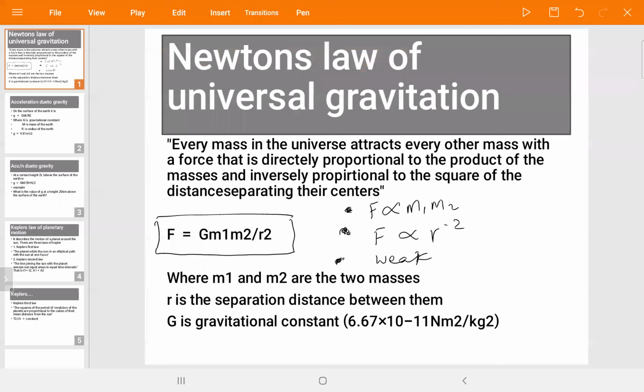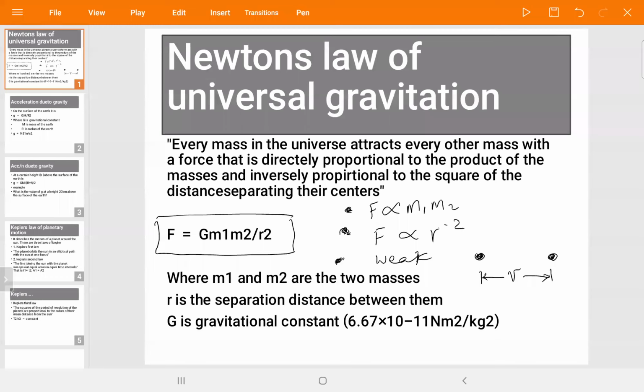For example, dealing with a force that exists between the sun and the earth, the distance is from the center of the sun up to the center of the earth. Or even taking two particles as an example, the distance will be from the center of particle 1 to the center of particle 2. This separation distance is considered as R, and there is an attraction force.